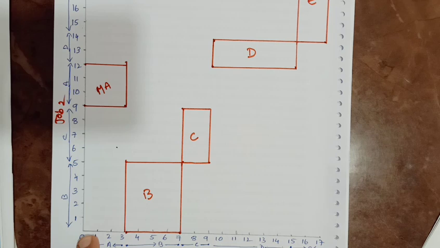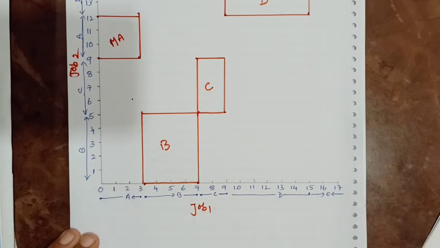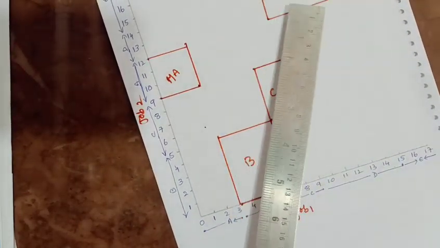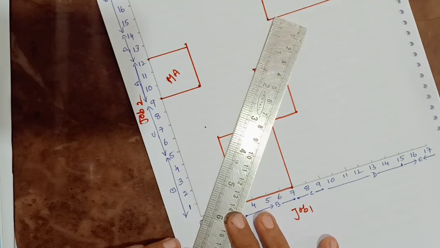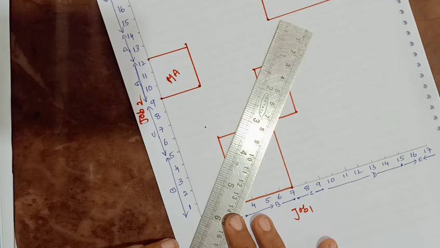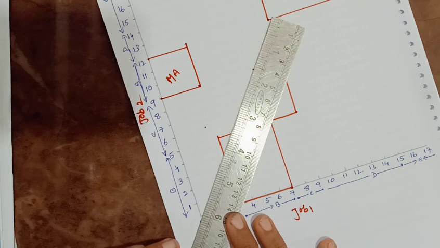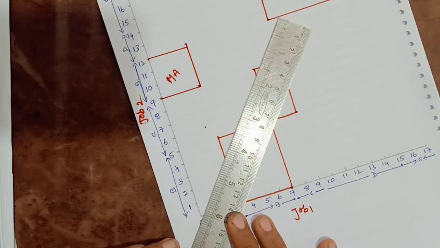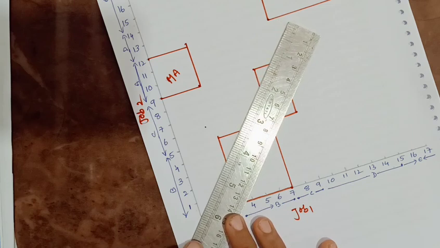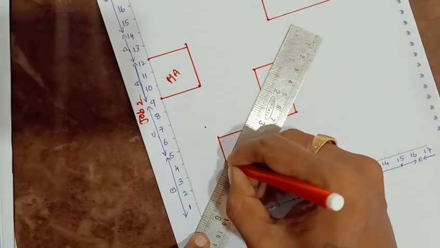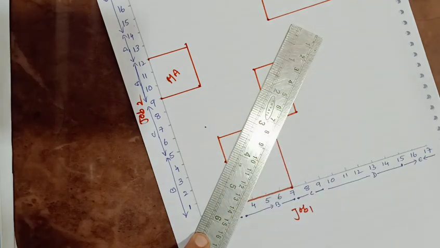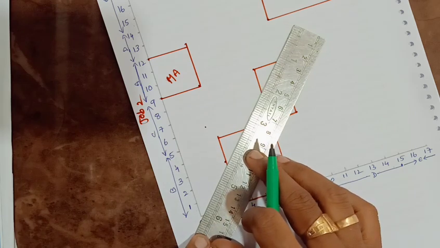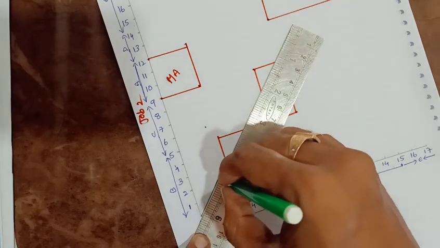So from the starting point, this 0 on the 45 degrees, if we will get like this, so we have to draw a line at 45 degrees, right?